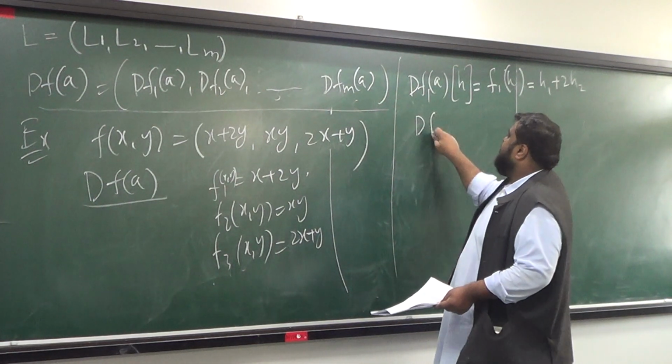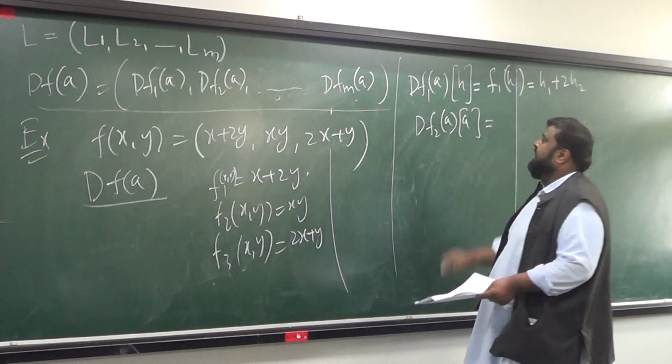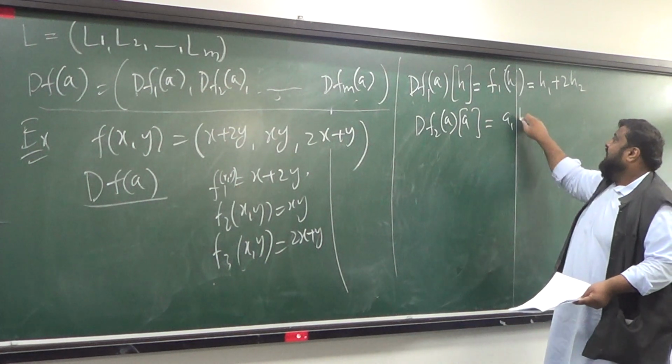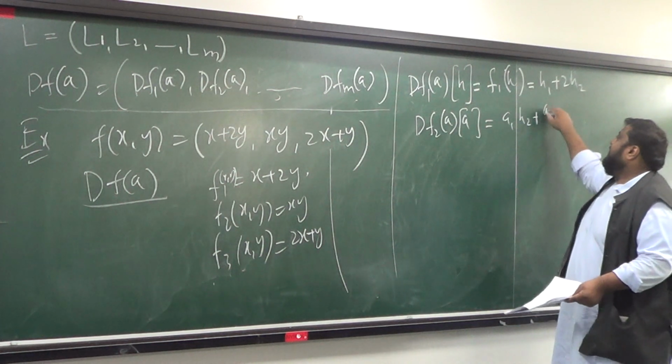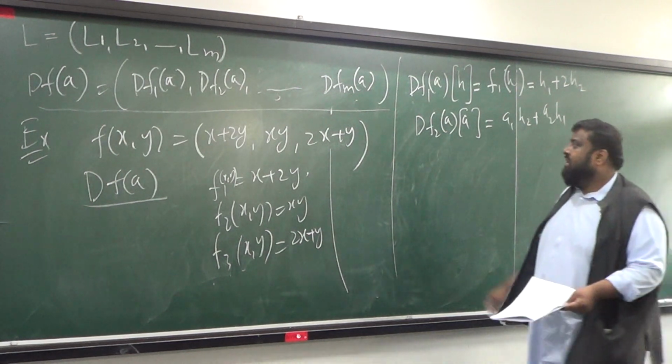And if you want to apply df2 of a to h, we computed it previously, so this would be a1 h2 plus a2 h1.